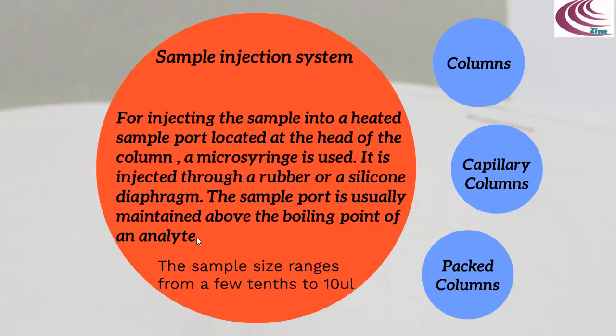Usually, the sample size ranges from a few tenths to 10 microliters. The capillary columns require much smaller sample size. In order to introduce small amounts of the sample accurately to the column head, an additional device known as a sample splitter is employed.